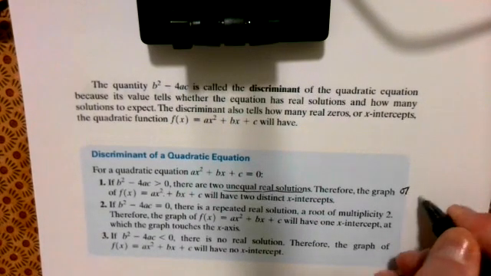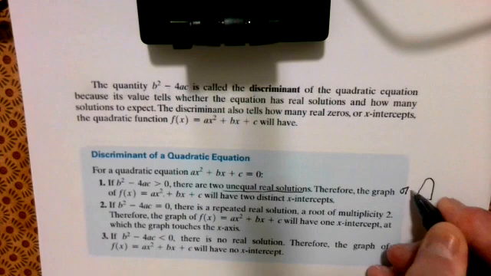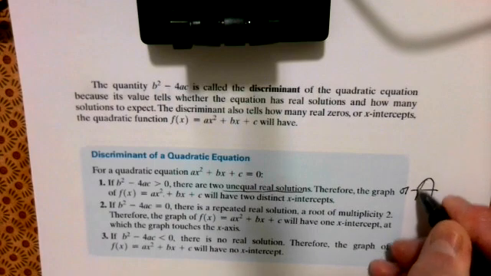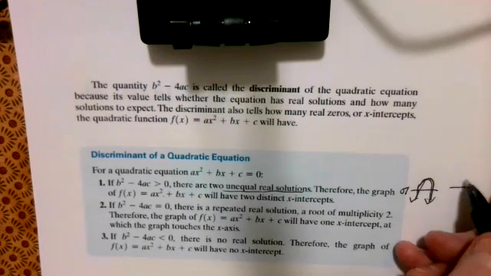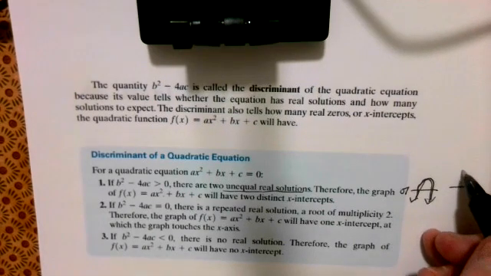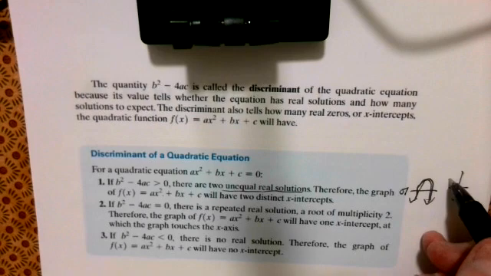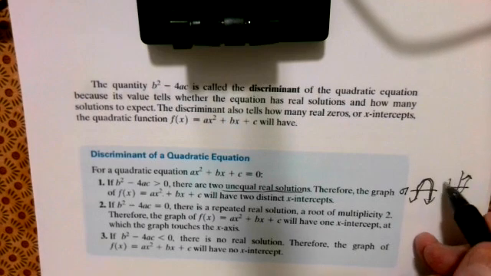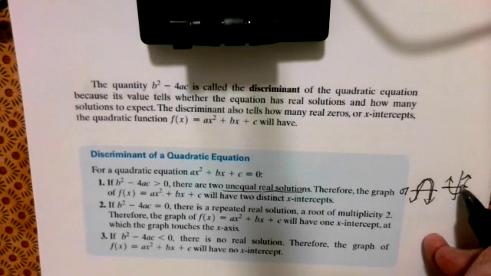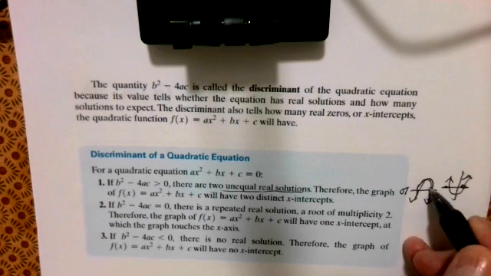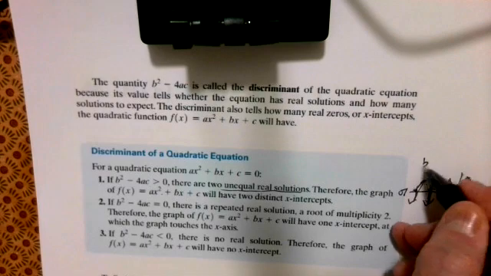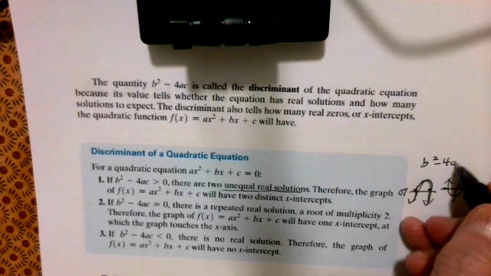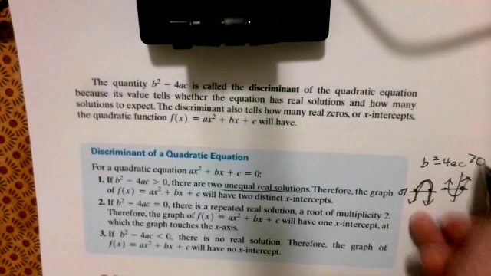In a quadratic, it could be open down, or it could be open up, but it's going to cross the x-axis at 2 points if the discriminant, b squared minus 4ac, is positive.